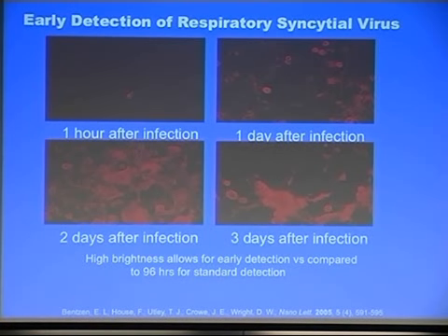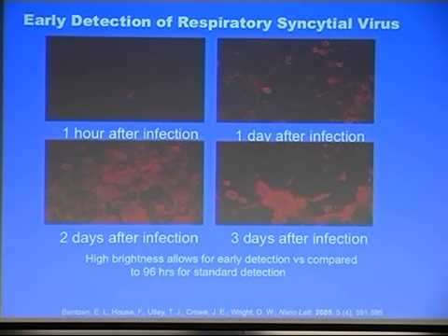So the kid has to be in the hospital until they get the test results back saying, yes, this is respiratory syncytial virus. There's antiviral drugs for it, but they have to be given very early in the stage of infection to be effective. So a new way to detect it is important. And so what you've seen here, remember I said 4 days.